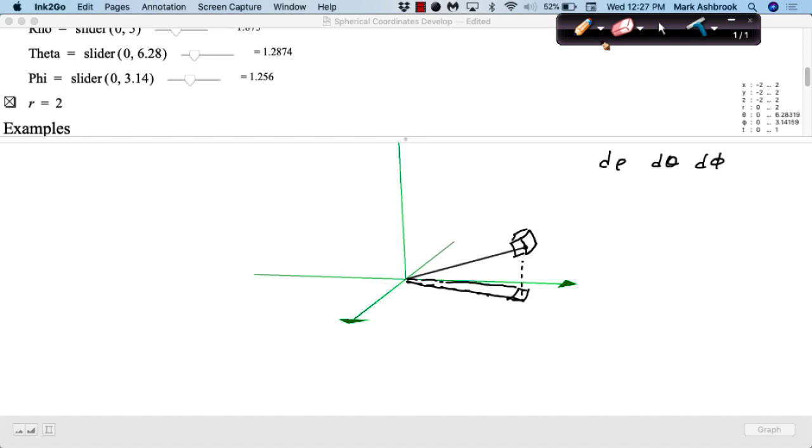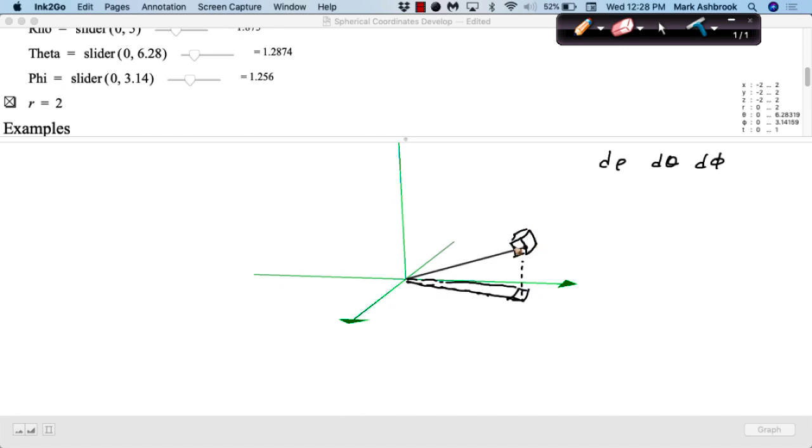Okay, so what is d rho? On that little dV, d rho would be a little change in radius. Can you see what dimension on that little element d rho would be? I'll give you choices here. Would it be exhibit A, exhibit B, or exhibit C?